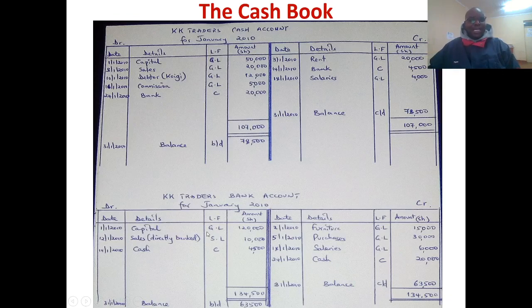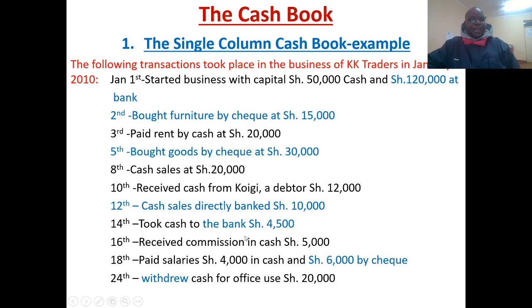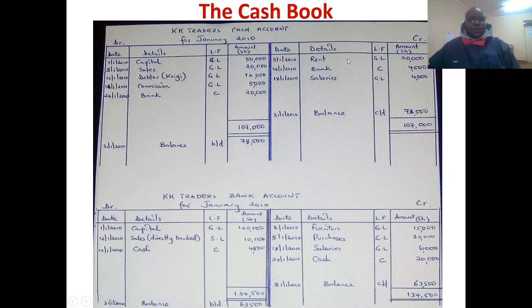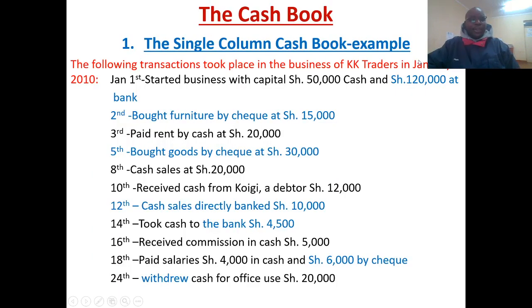That will appear in the bank account debit side, 120,000. On that, they paid rent by cash at 20,000, which will appear on the credit side of the cash account. On 5th, they bought goods by check at 30,000.